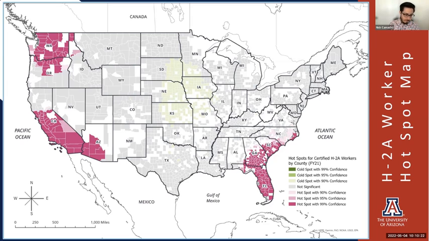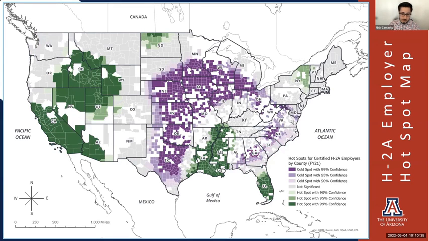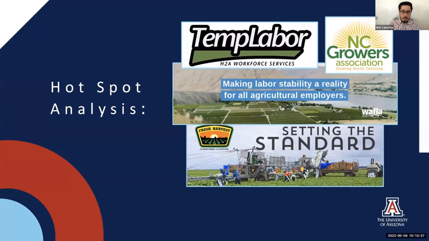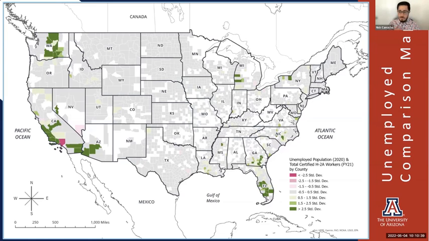You can see in the pink and in the green. Sorry, I skipped one. This was the map for unemployment rate. I apologize.